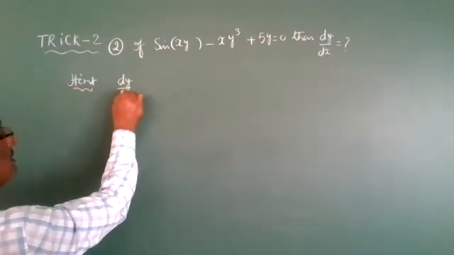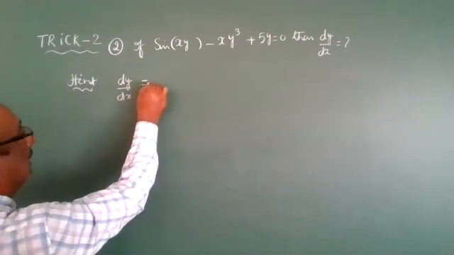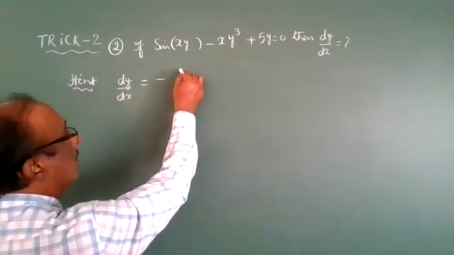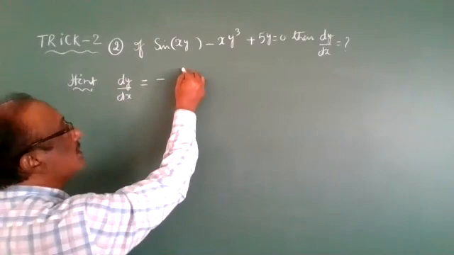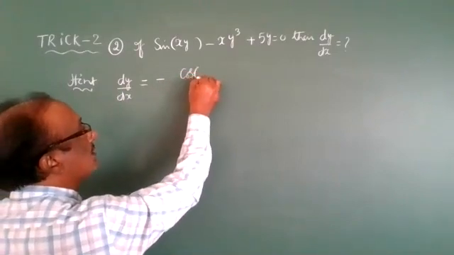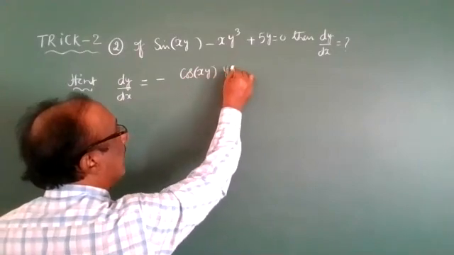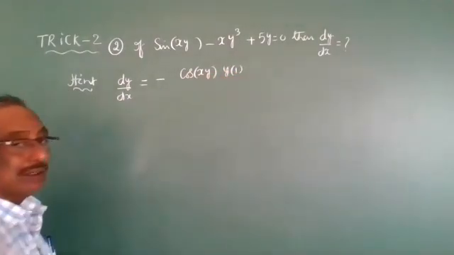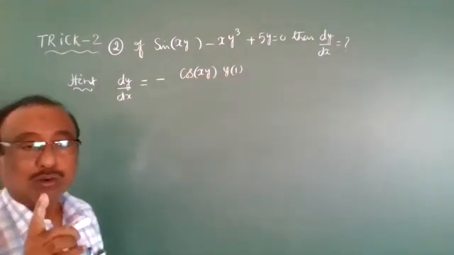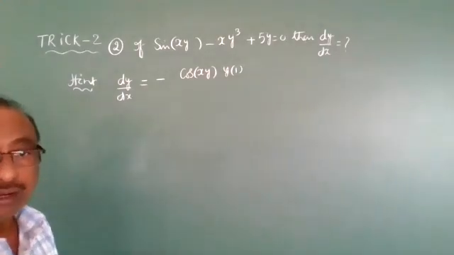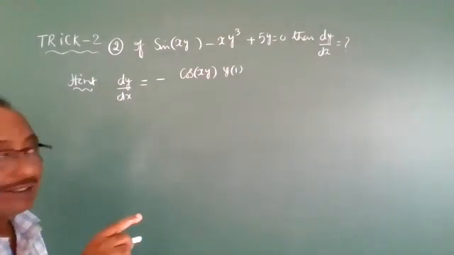dy by dx is equal to minus of the partial derivative with respect to x. Sine derivative is cos of xy. Inner function has y as coefficient, x derivative is 1, because y is with x.